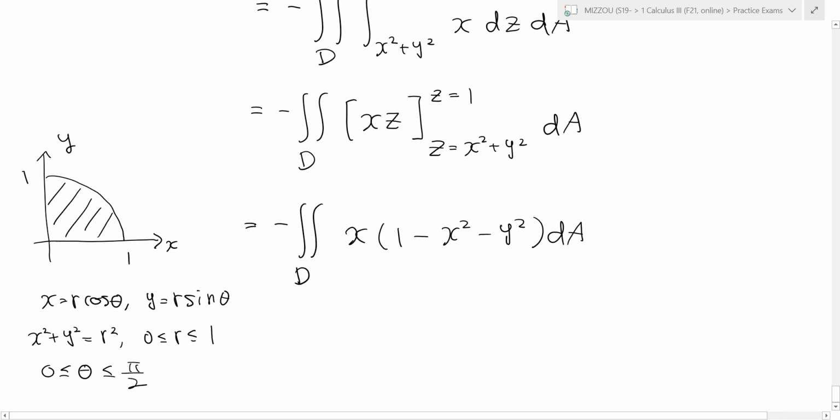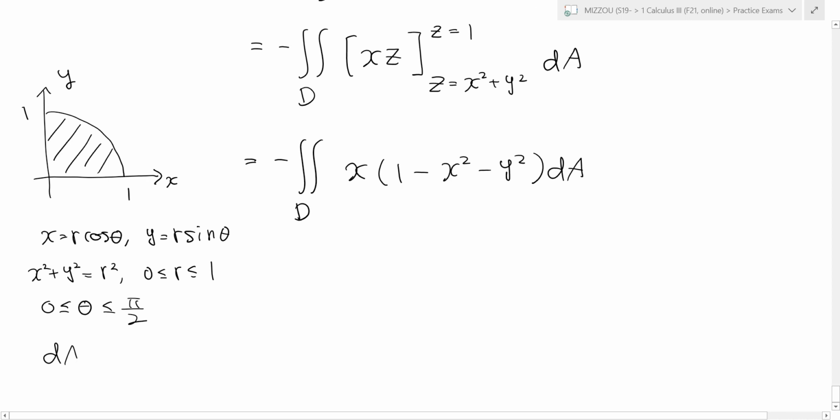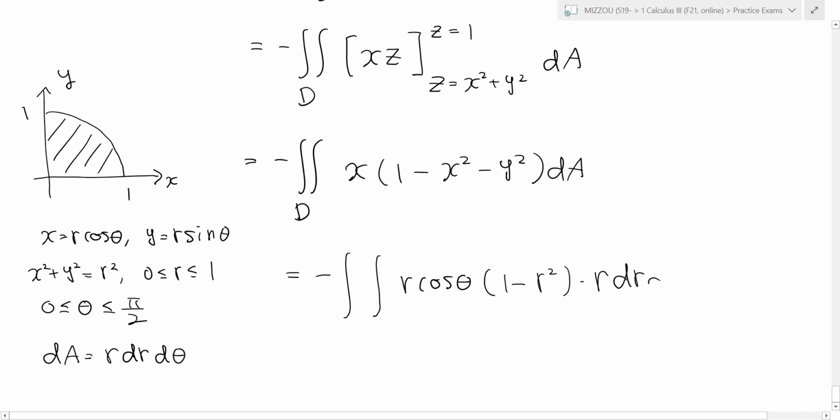And of course, I forgot to mention, dA is r dr d theta. So this is written as negative, in polar coordinates, r cosine theta times 1 minus r squared times r dr d theta, where r is from 0 to 1 and theta is from 0 to pi over 2.